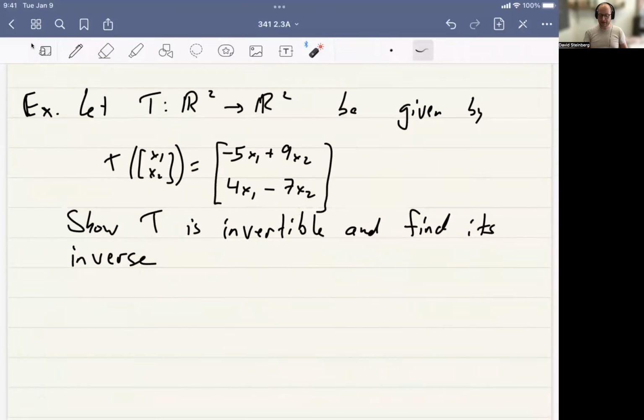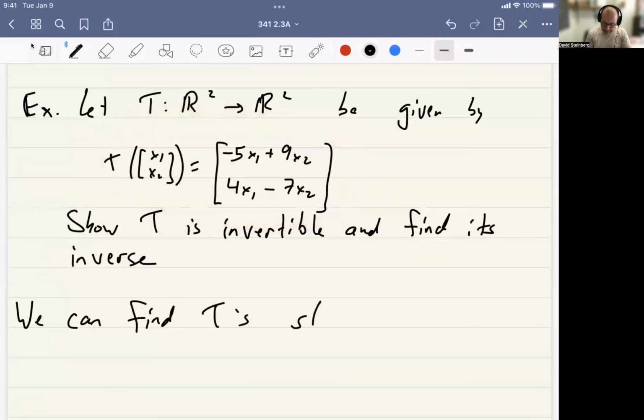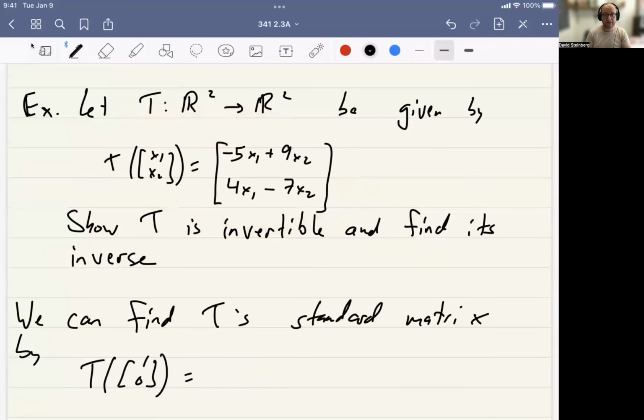If T from R2 to R2 is given by this equation, so the linear transformation, we want to show that T is invertible and to find its inverse. So maybe you've done so many of these that it's perfectly clear what the standard matrix for T is, but in case it's not, let's go over it again. We can find the standard matrix for T just by applying T of e1 and T of e2.